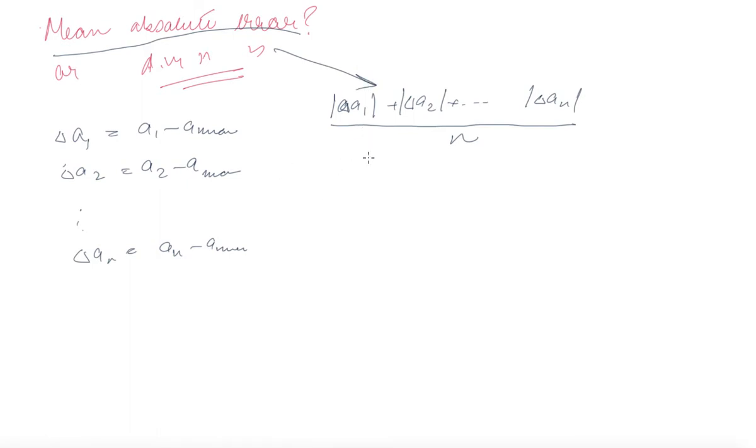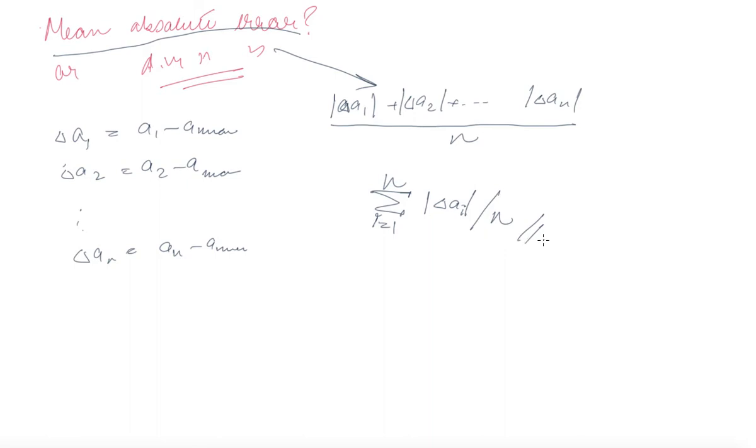Now, it's getting summed up, so there is another way of writing this: the sum of the absolute errors divided by n, where i goes from 1 till n. So this is what we mean by mean absolute error.